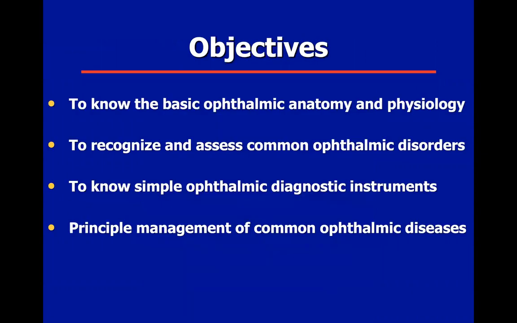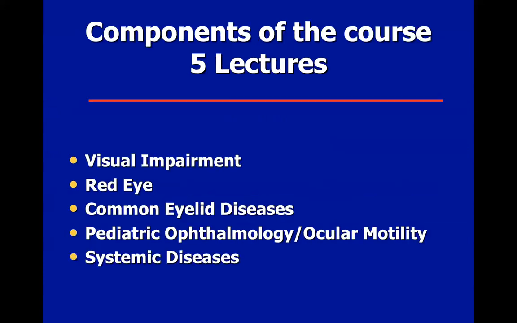The objectives of this course: I'm going to be teaching you the basic ophthalmic anatomy and physiology, to recognize and assess common ophthalmic disorders. I'll be showing you some simple diagnostic instruments, and for some of the diseases, I'll show you the principles of management of these common ophthalmic diseases.